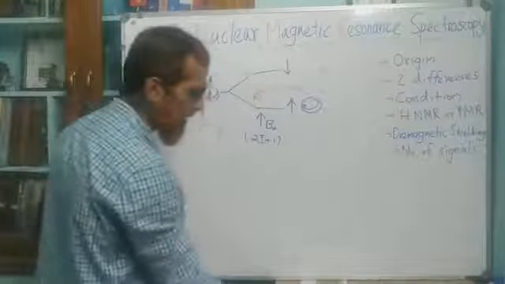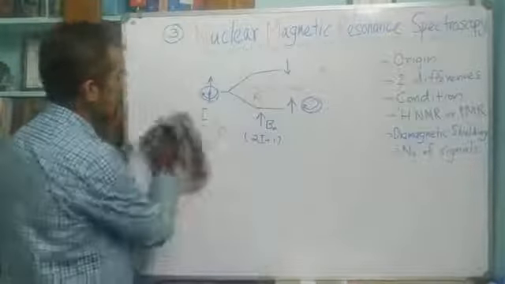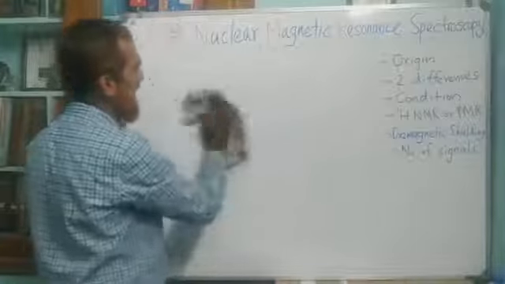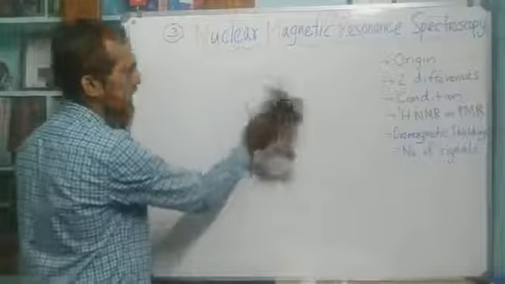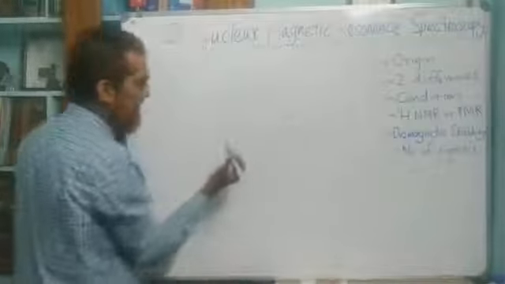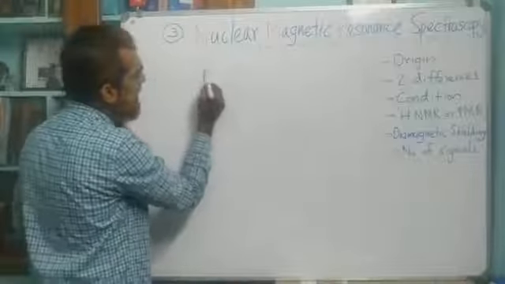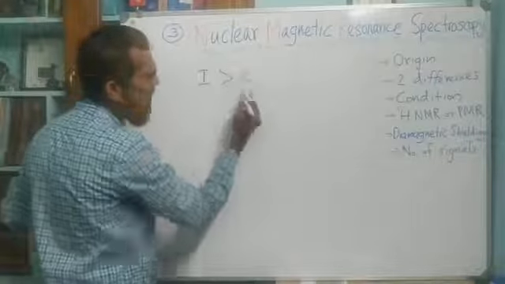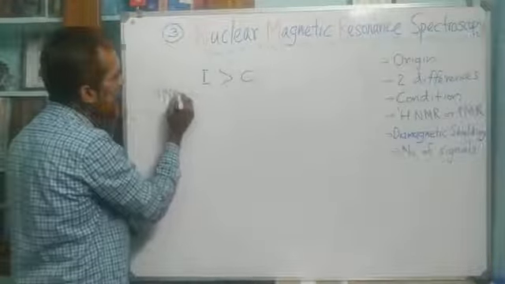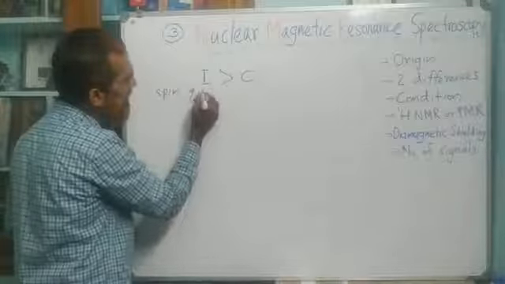Now, we move on to other points. What about the condition for NMR activity? Which nuclei are NMR active? What is the condition? Remember, this is a condition: I should be more than 0, where I is the nuclear spin quantum number of the nucleus.